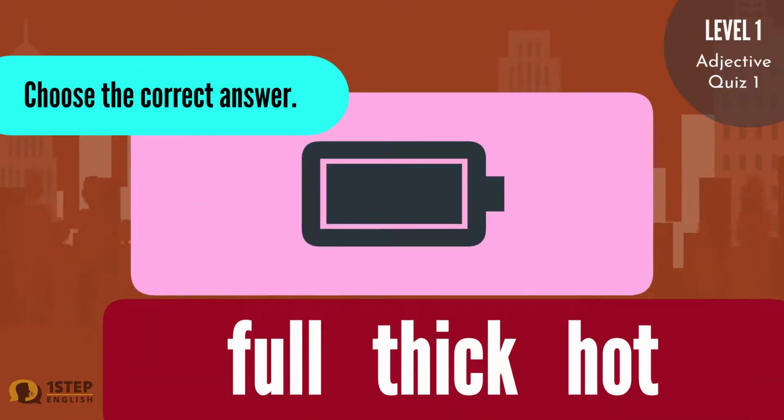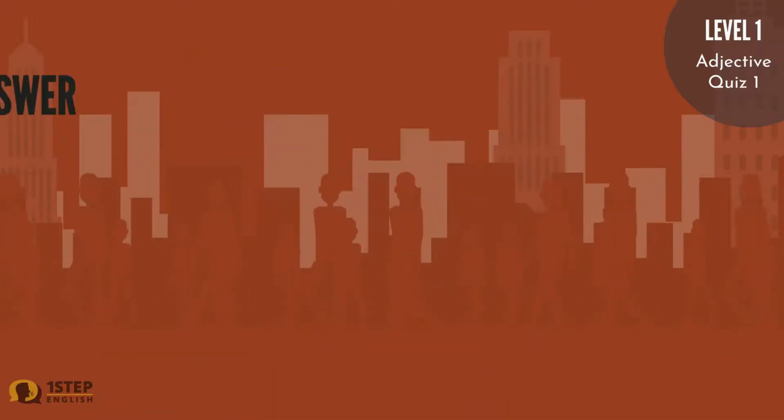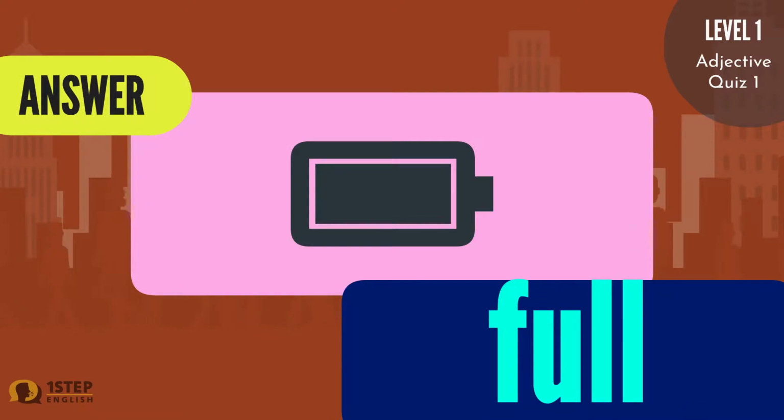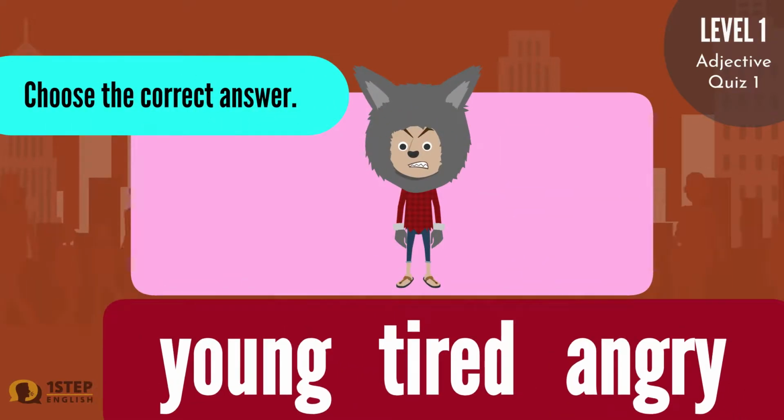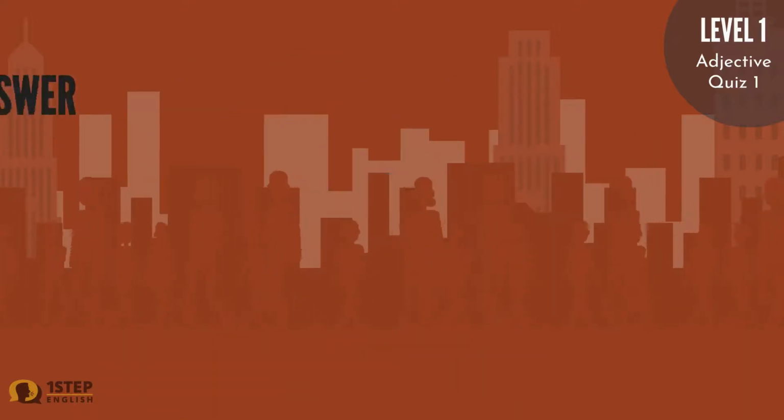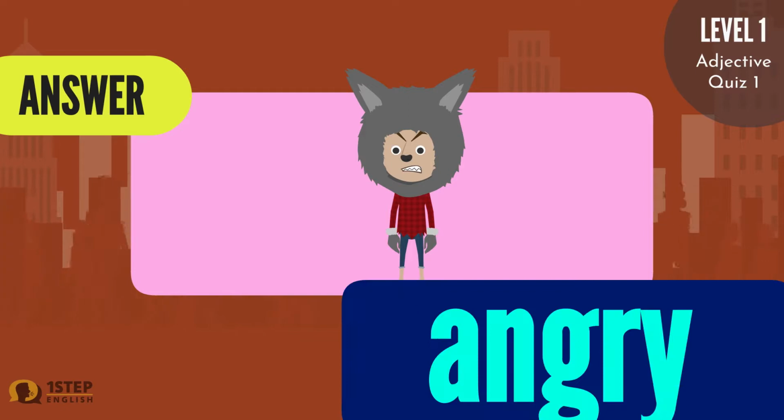The battery is? The correct answer is full. The battery is full. The boy is? The correct answer is angry. The boy is angry.